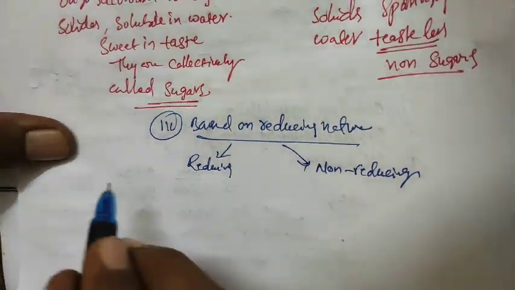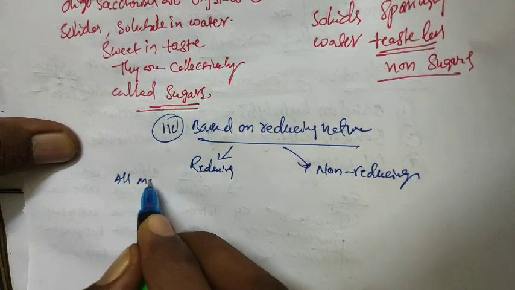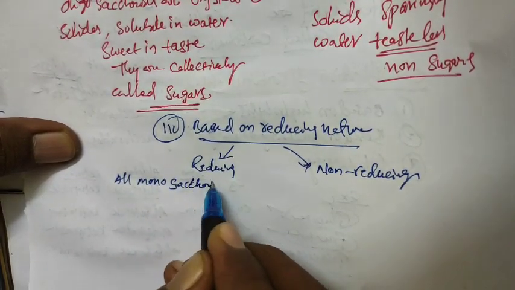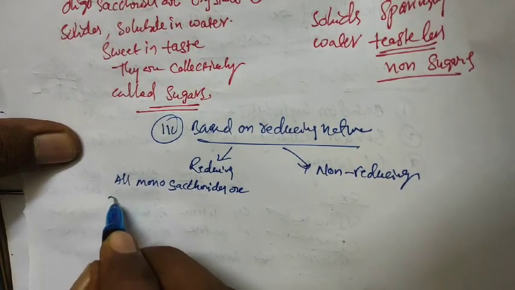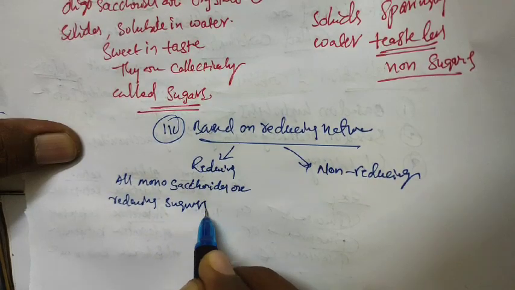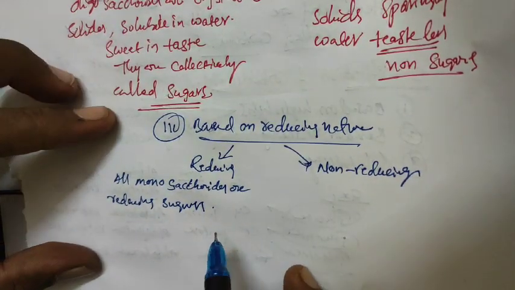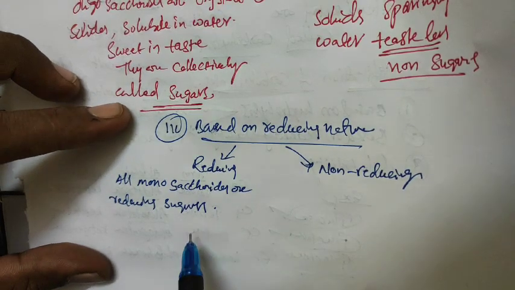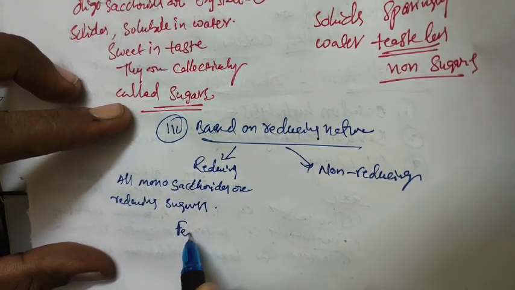All monosaccharides are reducing sugars. Why? They give a positive silver mirror test and a red precipitate with Fehling's solution.